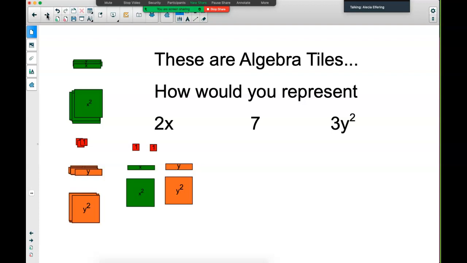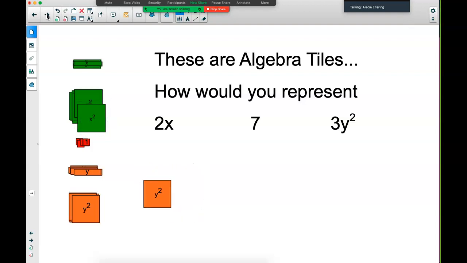Okay? So my question to you is, how do you think we could use these tiles to represent 2x? Any thoughts on how I might use the tiles to represent 2x? Maybe use 2 unit squares and an x.